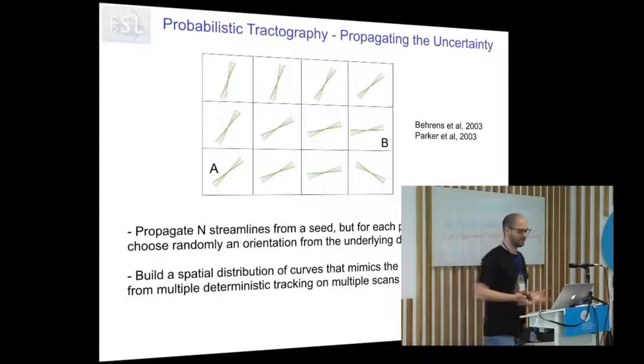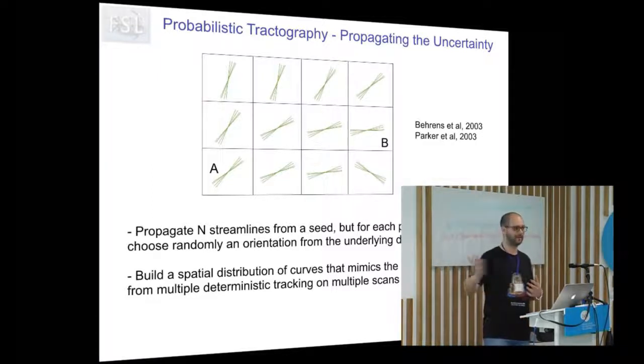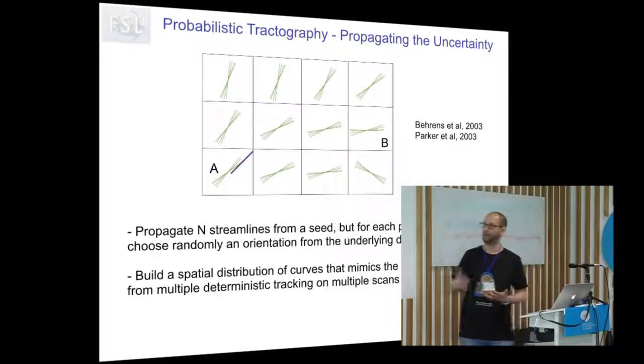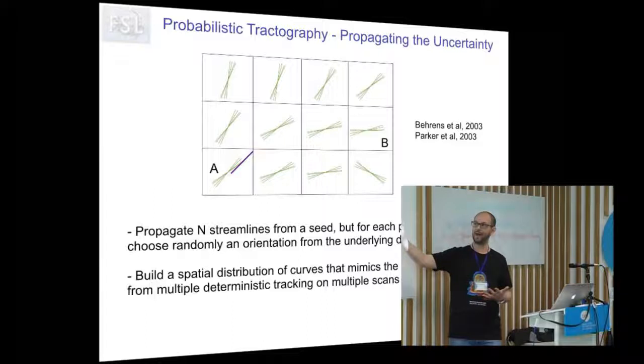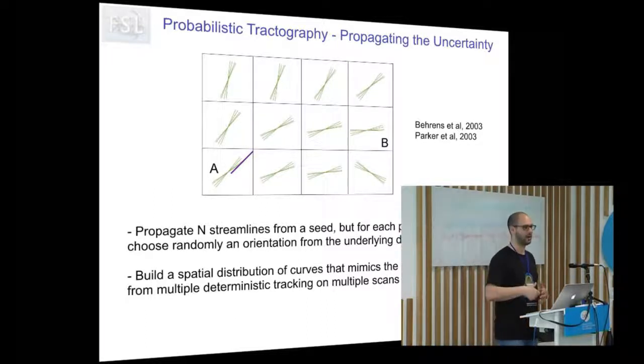So how probabilistic tractography works, given the question of whether voxel B is connected to voxel A, is that once again it starts throwing thousands of streamlines, right? We start from voxel A, we take one estimate of the principal diffusion direction, one stick out of the ensemble, out of the distribution of sticks that we have, and we start tracking, right?